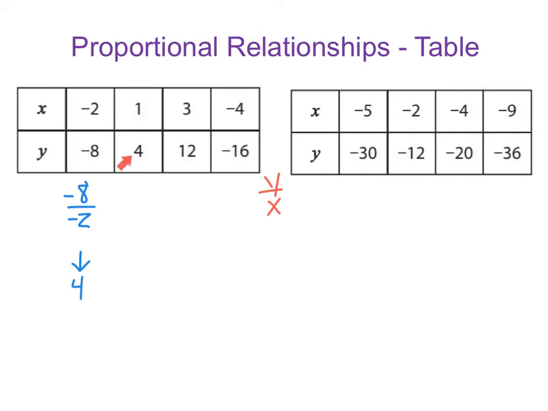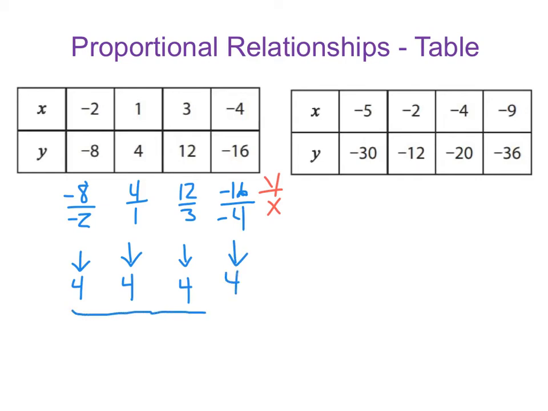and that would equal a positive 4. And the next one I have, the ratio of 4 to 1, or 4 divided by 1, and that would give us a 4 as well. And the next is y to x is 12 to 3. So 12 to 3 would simplify to a 4. And then the last one I have, negative 16 to negative 4, my y to my x, would give me a positive 4.